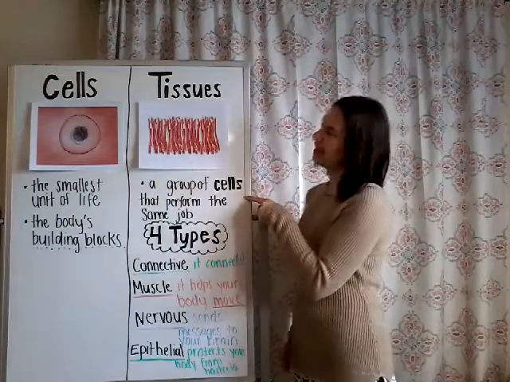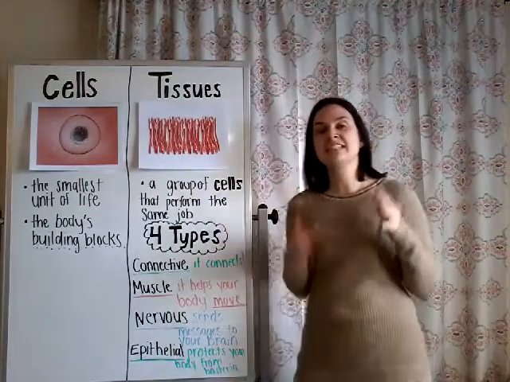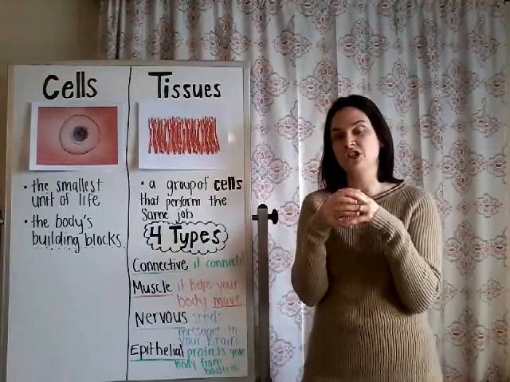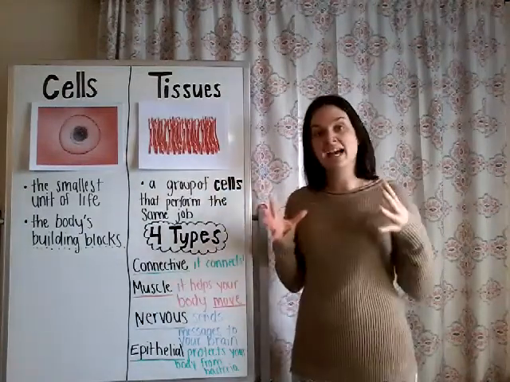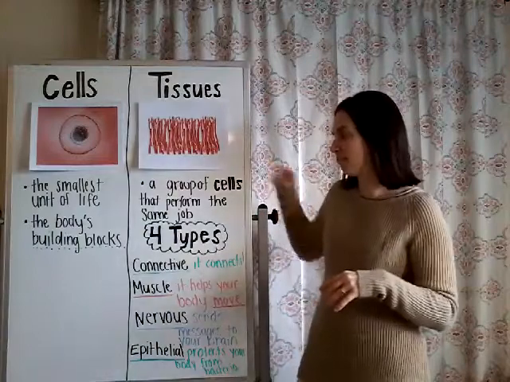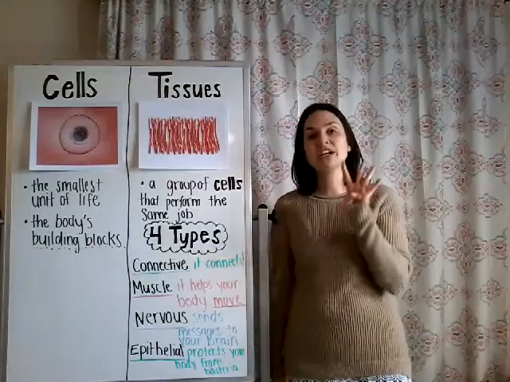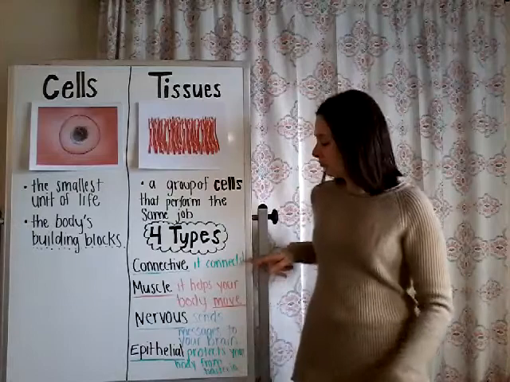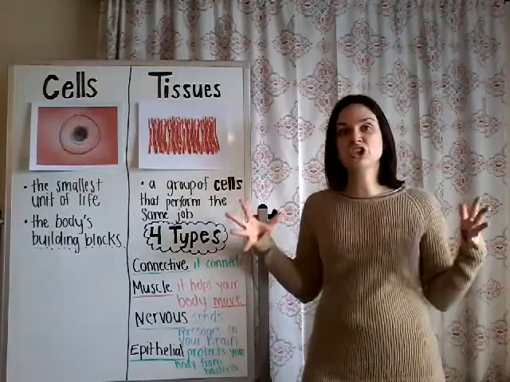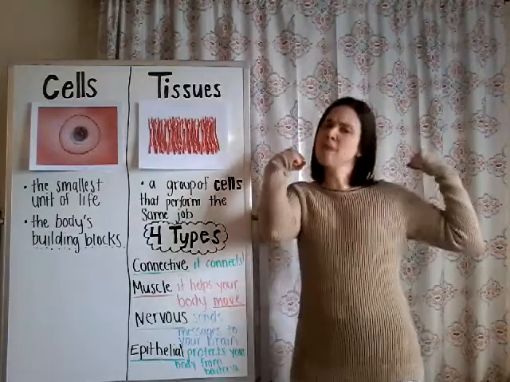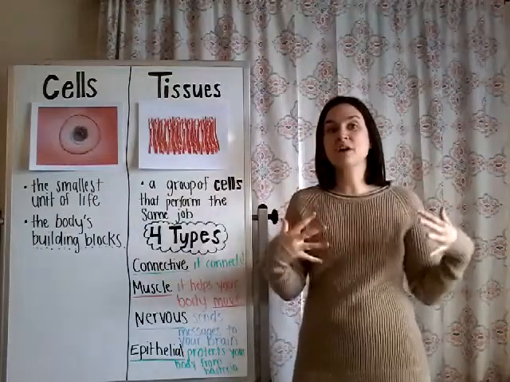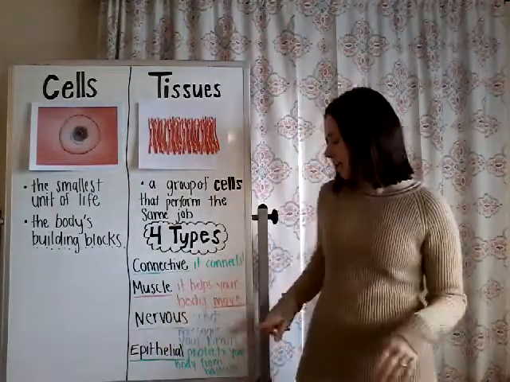Next, we learned that a group of cells that do a similar job or function are called a tissue. The tissues have also been magnified so that we can see them. And we learned there were 4 different types of tissues. The first one is connective tissue, and its job is to connect things together. The next one is our muscular tissue, and its job is to help our body move.